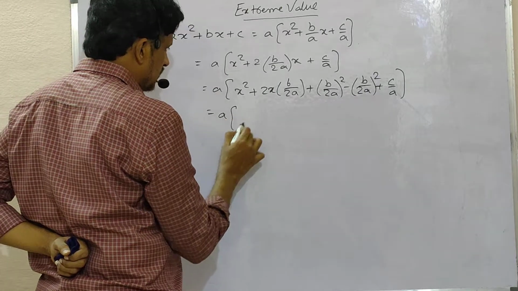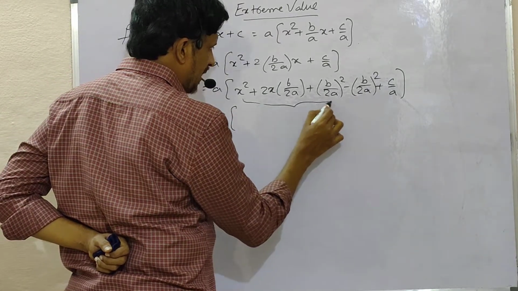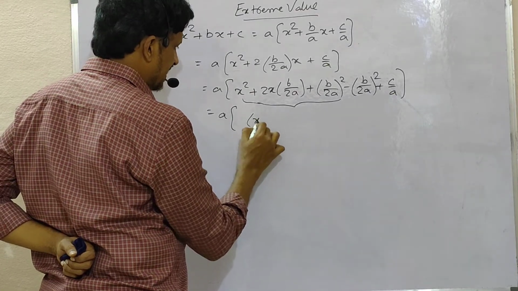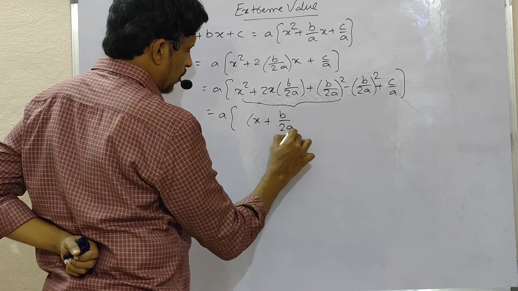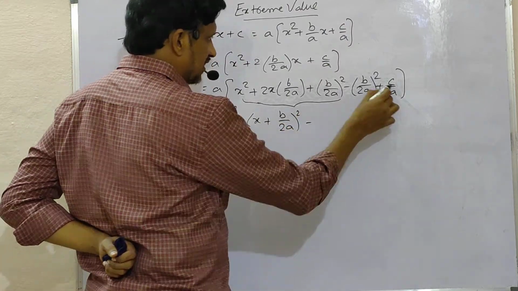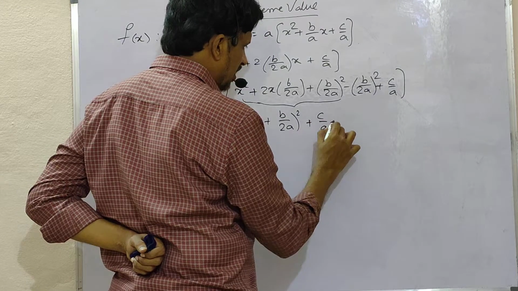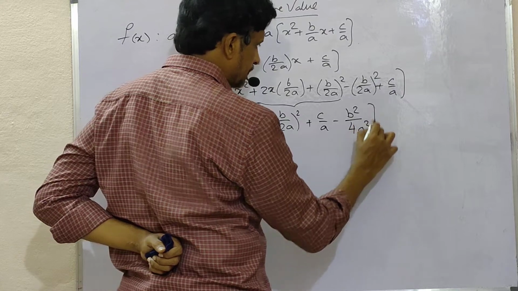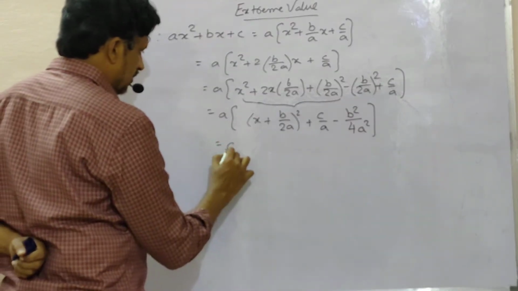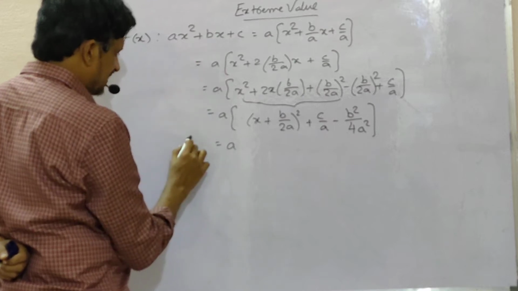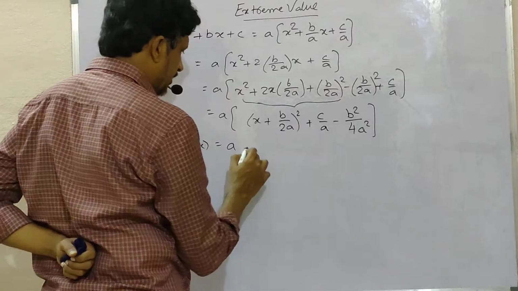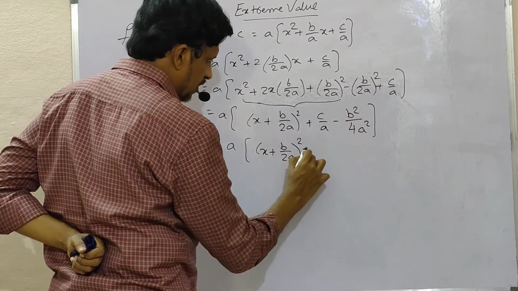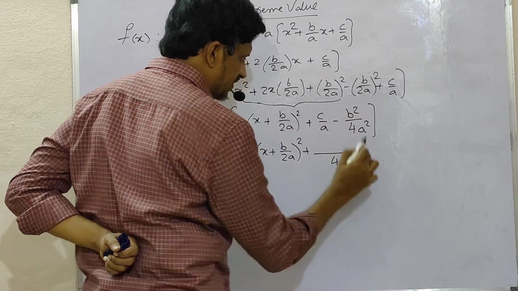And now a square plus 2ab plus b square gives the expansion a plus b whole square. So that is x plus b by 2a whole square you are getting here, plus c by a minus b square by 2a whole square, which gives 4a square. So that means f of x, the given expression, is equal to a into x plus b by 2a whole square plus, take the LCM, that is 4a square.